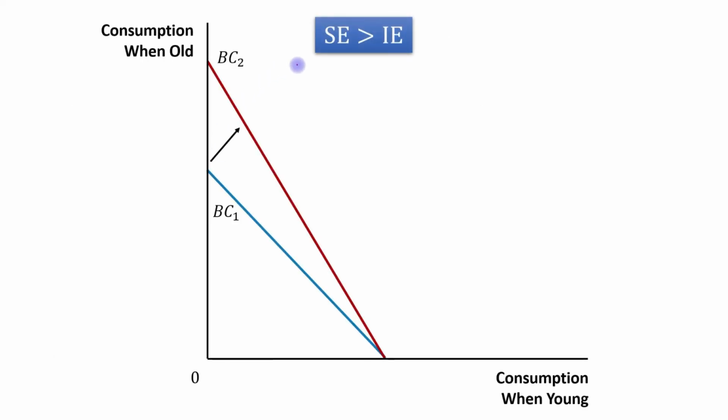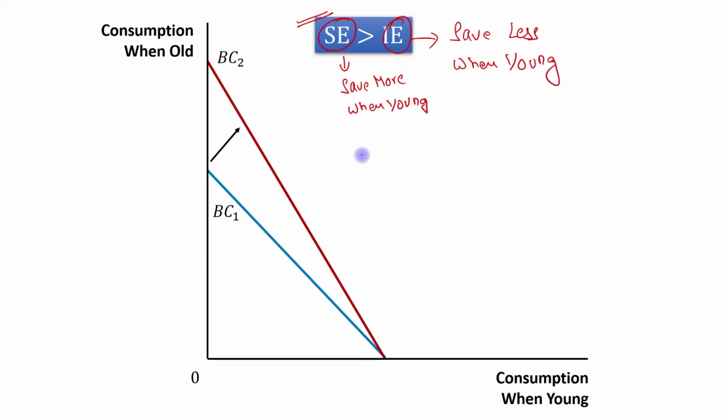Now let's see the case when the substitution effect is greater than the income effect. Okay, we know that the substitution effect induces Sam to save more when young, and the income effect says save less when young. Fine. In this case, the substitution effect is greater than the income effect.